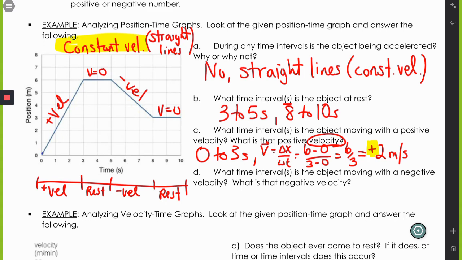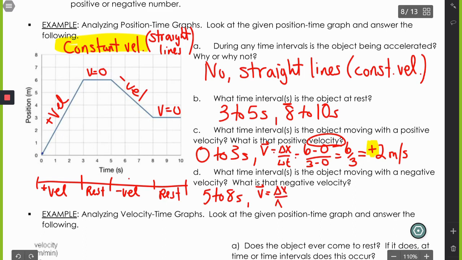And then part D: what time interval or intervals is the object moving with a negative velocity, and what is that negative velocity? So here's our negative velocity segment. It's from 5 to 8 seconds. It's that downward sloping section. Now, what is that negative velocity? We're going to do v equals delta x over delta t.